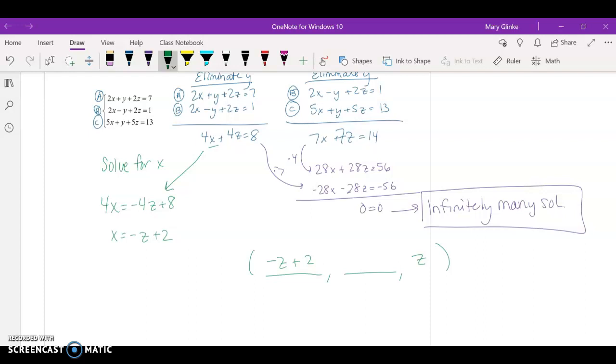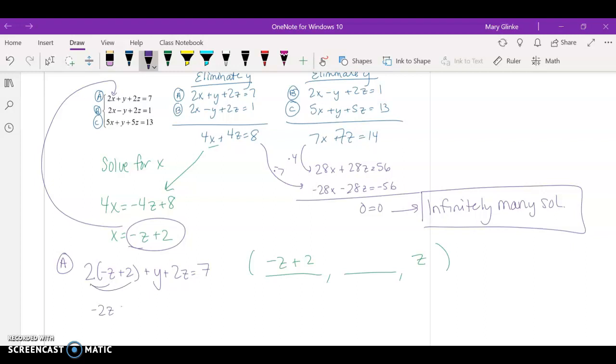And now I'm going to go back and figure out y, and I need to have y in terms of z. So how I do that is I take x, and I'm going to pick any equation. I'm going to pick just A because it's the first one, and I'm going to plug x in. It's negative z plus 2. And I'm going to leave y and the 2z and the 7 alone and distribute.